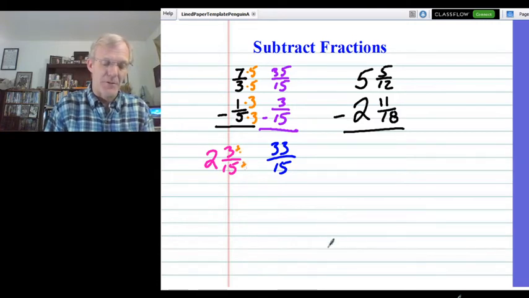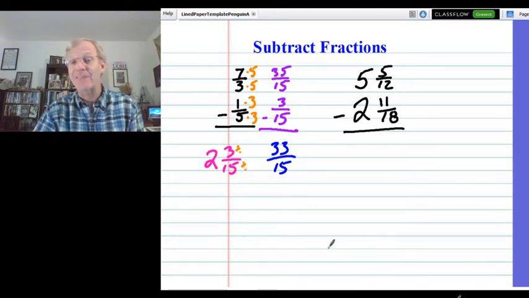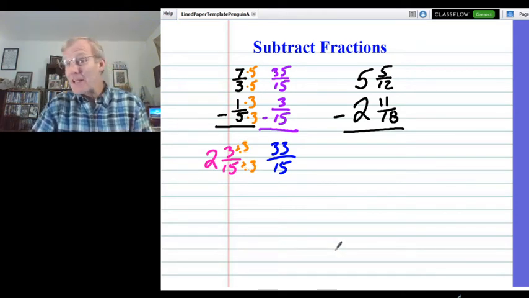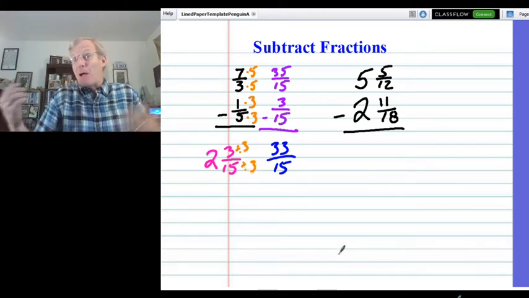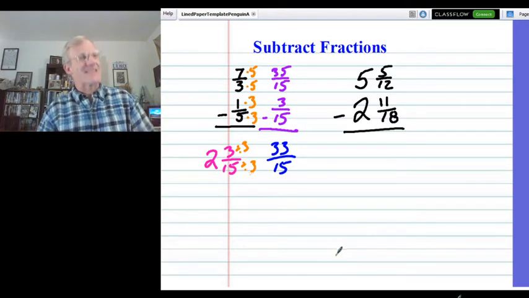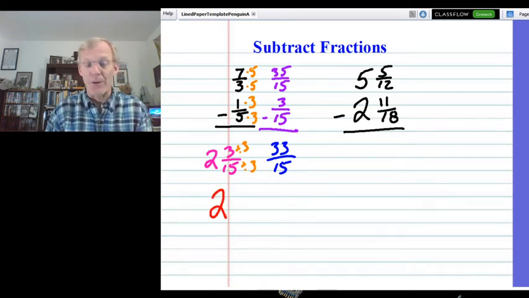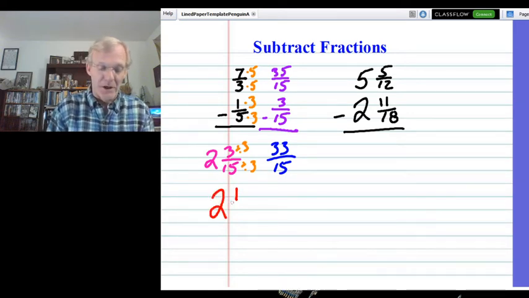What's a common number that divides into both 3 and 15? Right, 3 does. See, we're dividing by 3 over 3. What's dividing by 1? Stays the same thing, right? So we end up with 2, our whole number. 3 divided by 3, 1. 15 divided by 3 is 5.